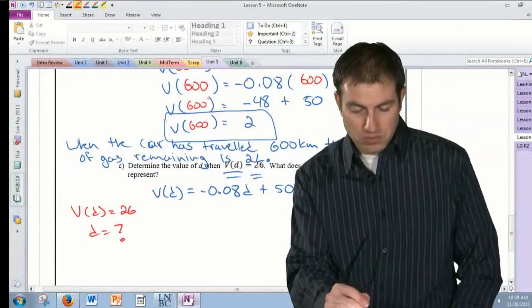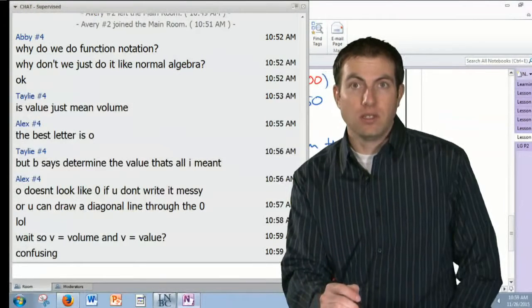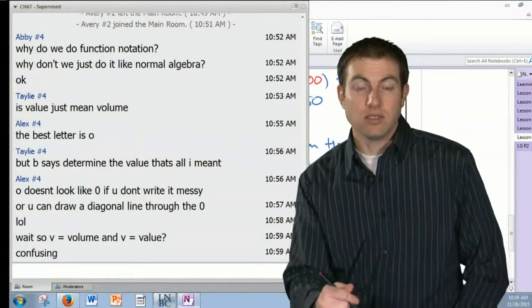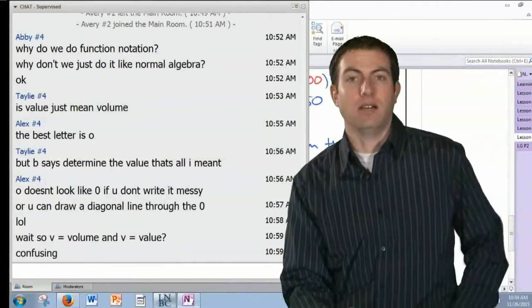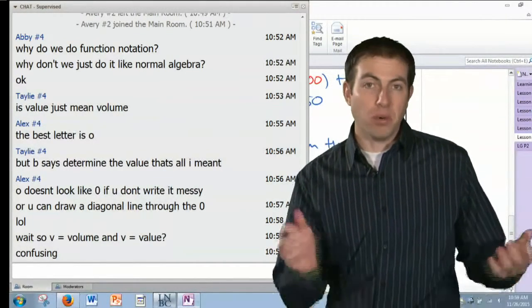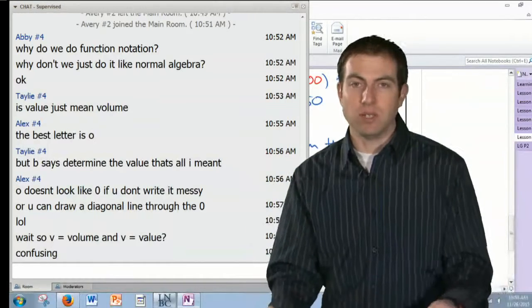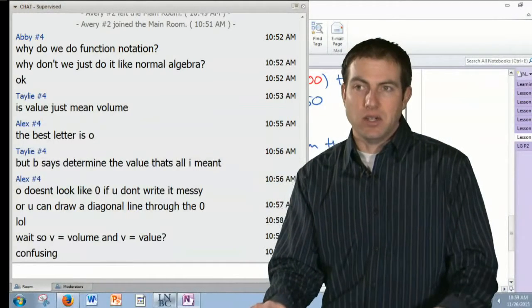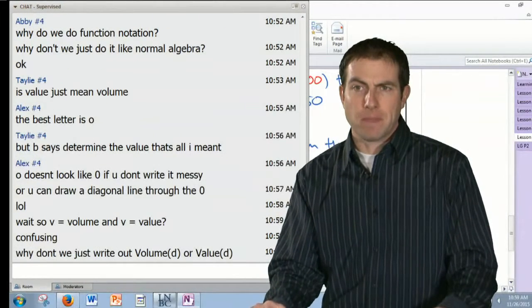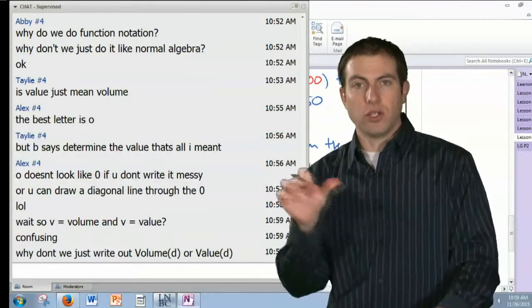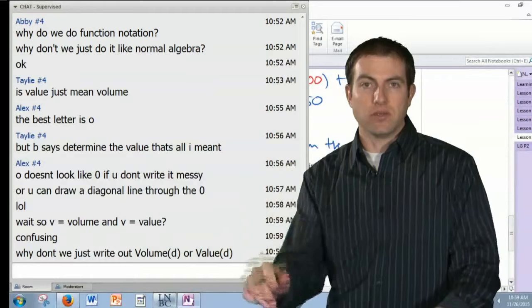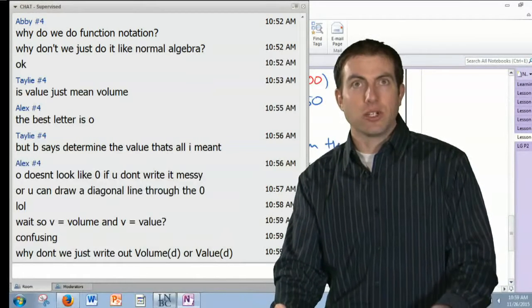V equals volume, V equals value. V could be vehicle, number of vehicles sold, depends on the day of the week. V could be whatever we want. Anything that begins with V we could use. I know it's confusing. And you could do that, Alex, write it out as volume as a function of distance or value as a function of distance.